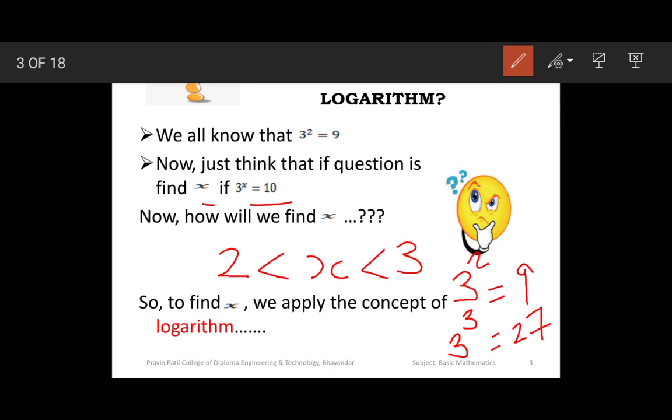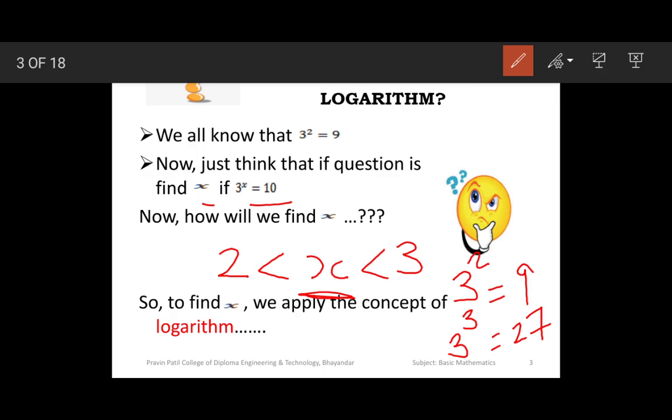But what is the exact value of x? Can we find the exact value of x? Yes, we can. And to find this x, we have to apply the concept of logarithm. Here comes the logarithm. So logarithm is basically used to find the index, to find the x.